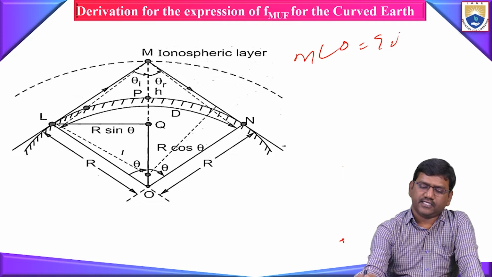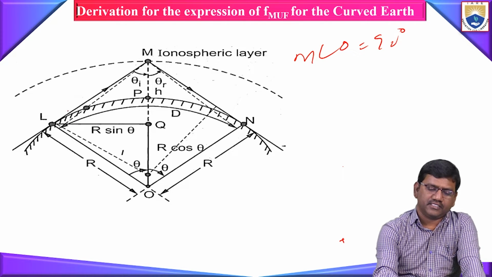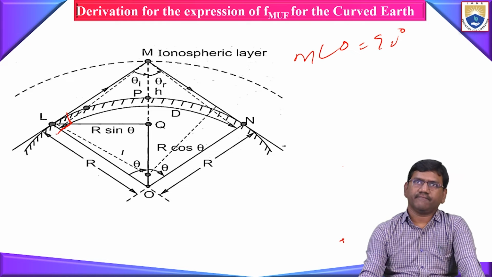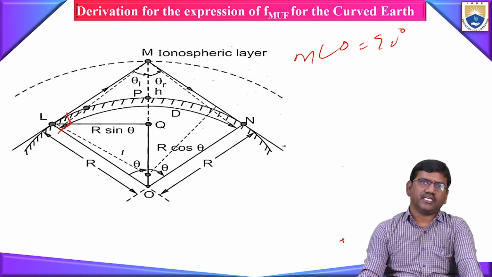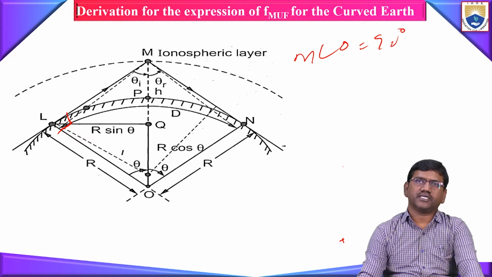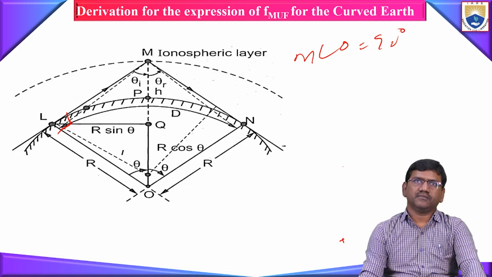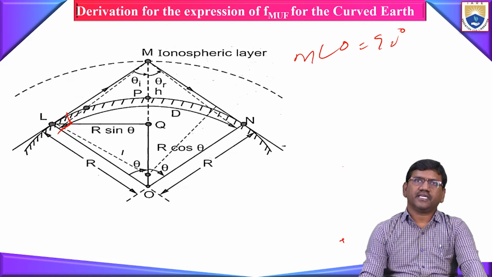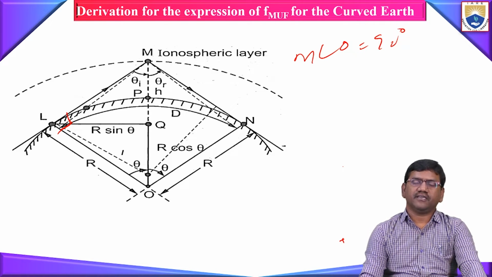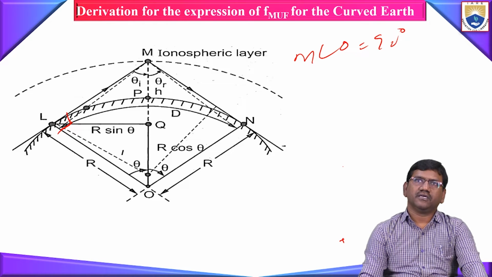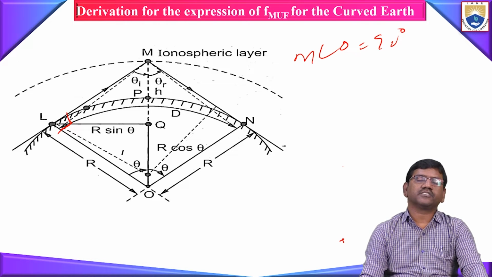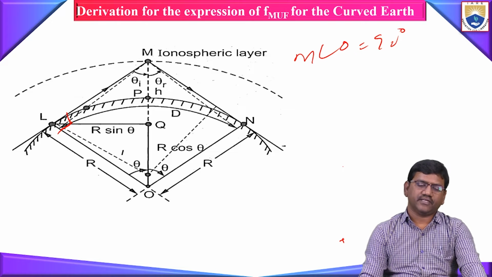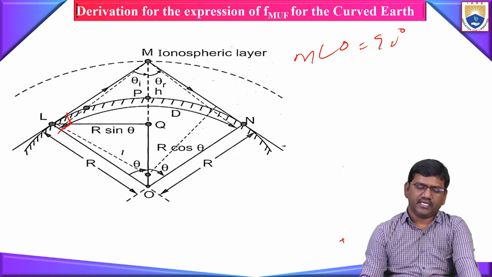That is, the signal is being transmitted at an angle of 90 degrees towards the ionospheric layer. Let us assume from L, the transmitting antenna, the incident ray is traveling at an angle of 90 degrees towards the point M in the ionospheric region. So angle MLO is equal to 90 degrees.